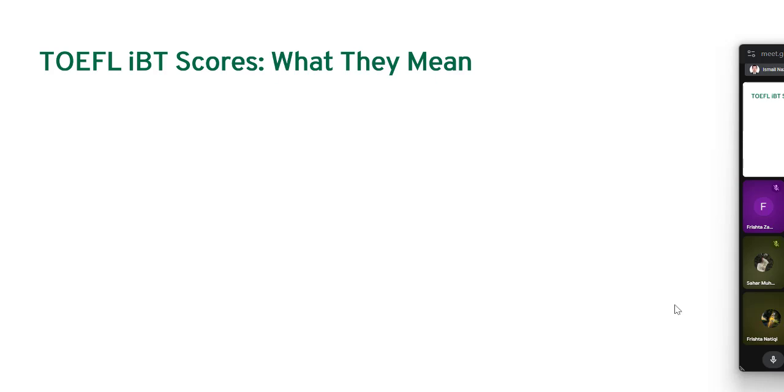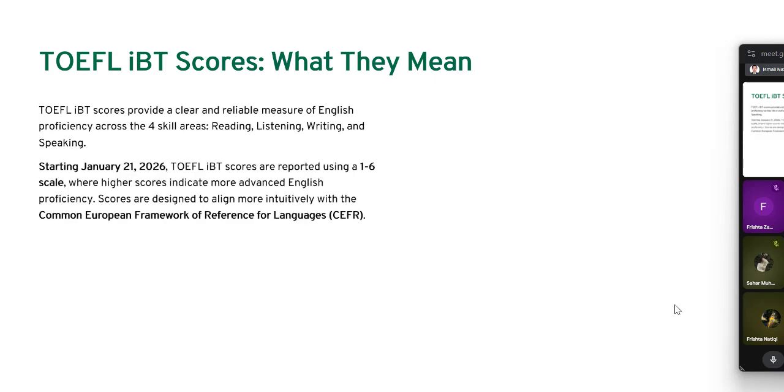Now the thing is, the TOEFL iBT scores. Actually, we have had one session on how the scores are presented. So it is just an overview of that again, to repeat what they mean. So four skills, reading, listening, writing, and speaking, and we have mentioned that they show our scores out of 120, it also gives a band score on a 1 to 6 scale.